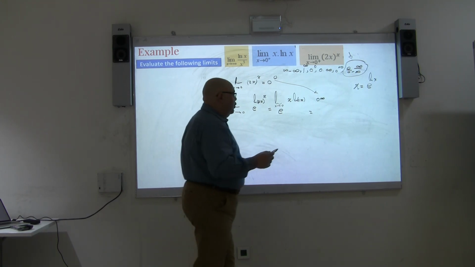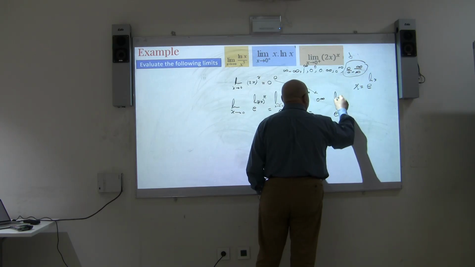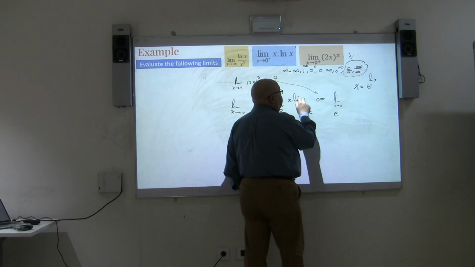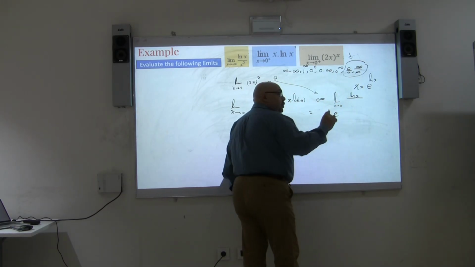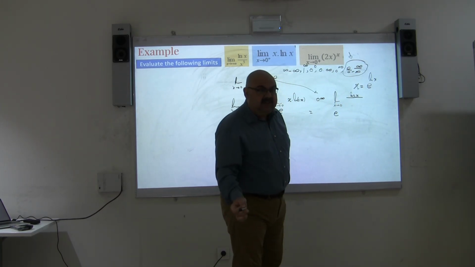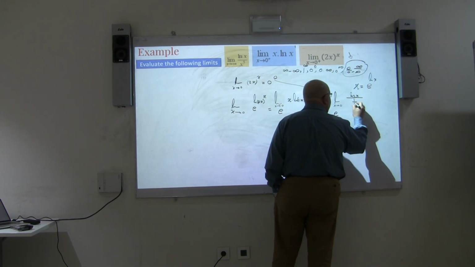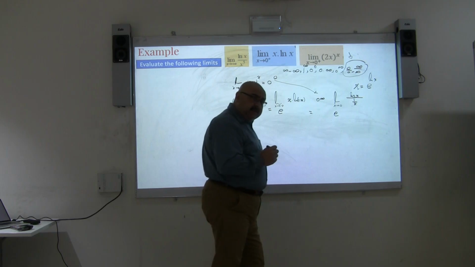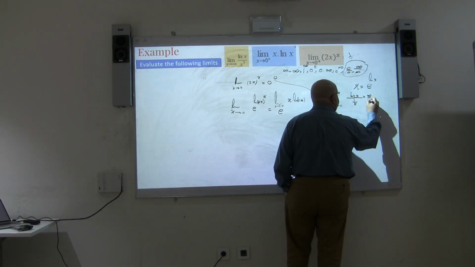But also I can find a solution, which is e to the power limit x tends to 0, and I will put this function in this form: limit of ln 2x over 1 over x, which is the reciprocal of the existing x factor. Are you with me, Muhammad? Now if you make a substitution, you will have infinity over infinity.